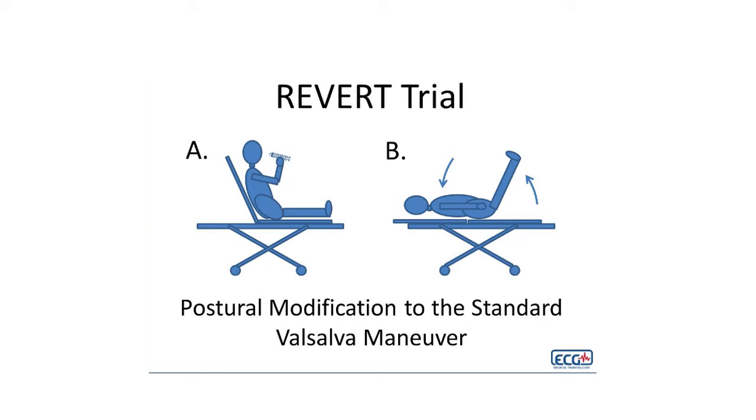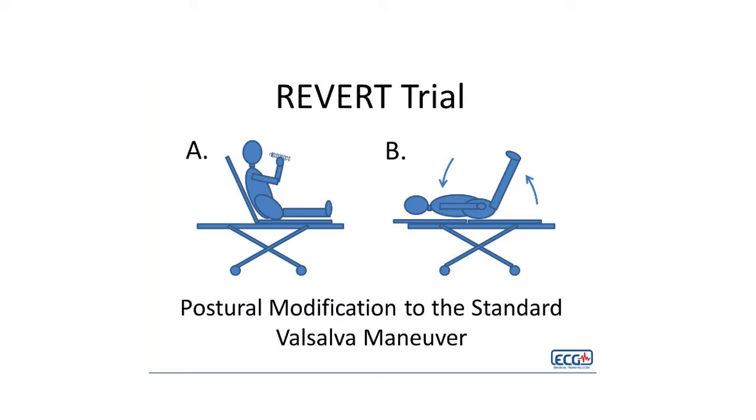So this is something that they looked at. What was the conversion rate of a patient in SVT if they just did a Valsalva, like blowing into a syringe or bearing down, versus incorporating postural modification?